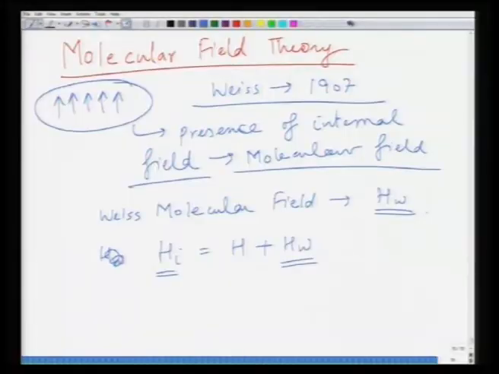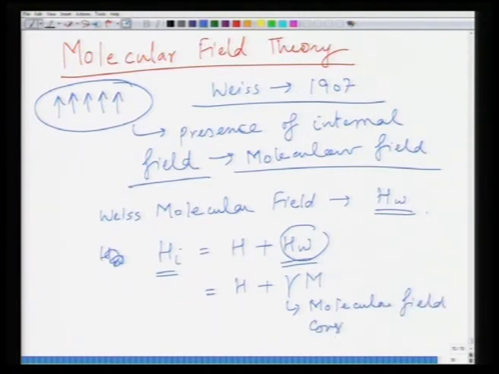But if you have some extra internal field present, which leads to alignment and was called the molecular field, then the whole internal field gets modified as H plus HW, and this HW was defined as some constant gamma multiplied by magnetization, and this gamma is called the molecular field constant. And this gamma multiplied by magnetization is the extra effect which is present in the ferromagnetic material.